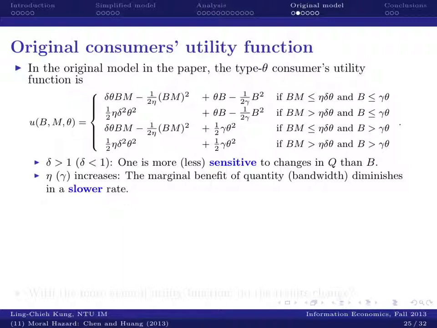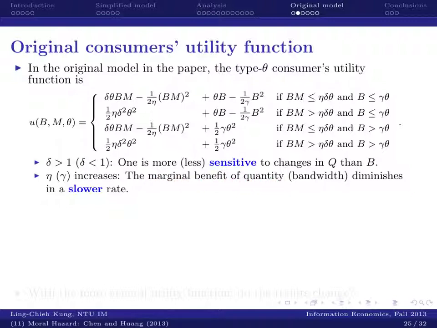That means people are more sensitive to changes in Q than B, or that means they care about quantity more than bandwidth.